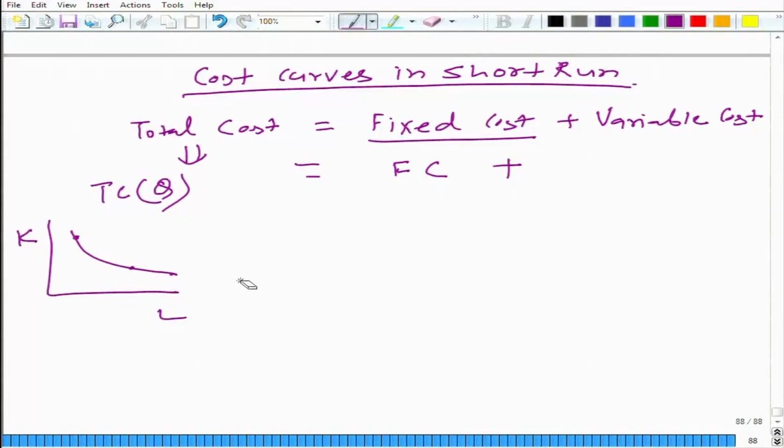But even further, I am not parsing it that much, you can think of fixed cost as being of two types. One component of fixed cost is that you incur it even if you do not produce anything.